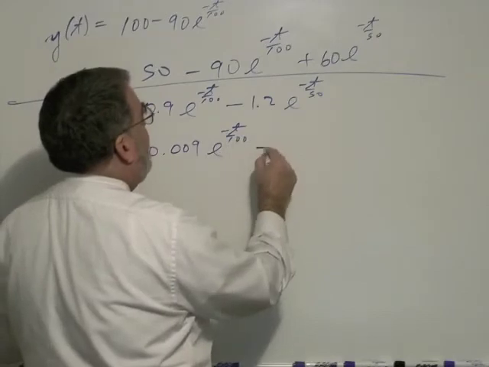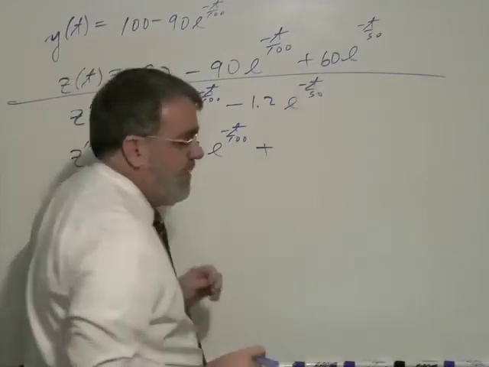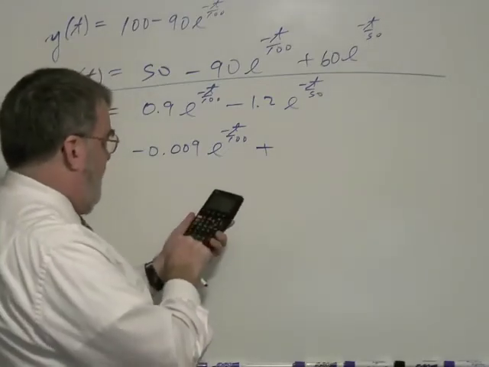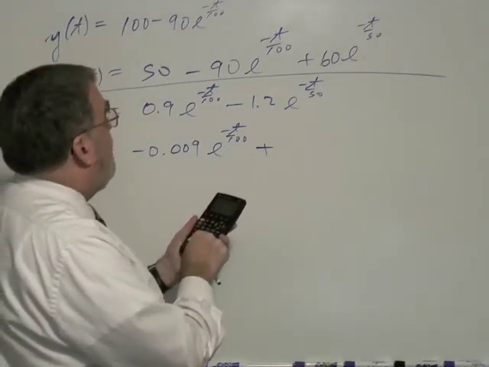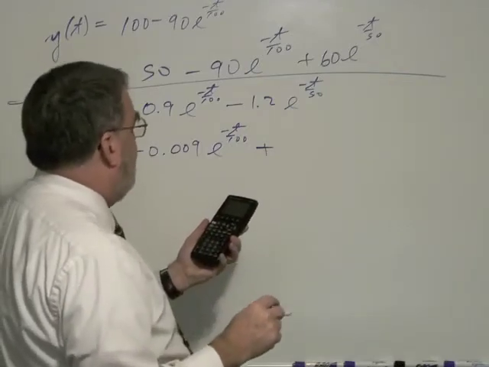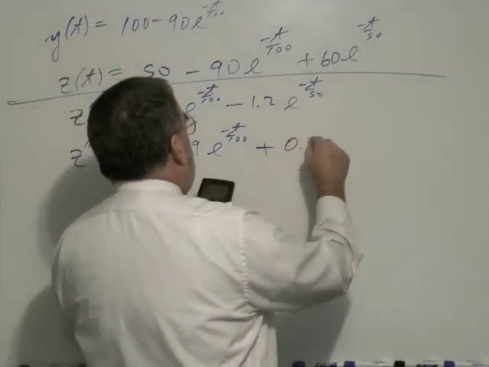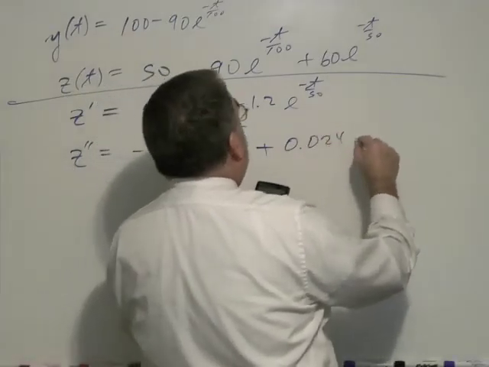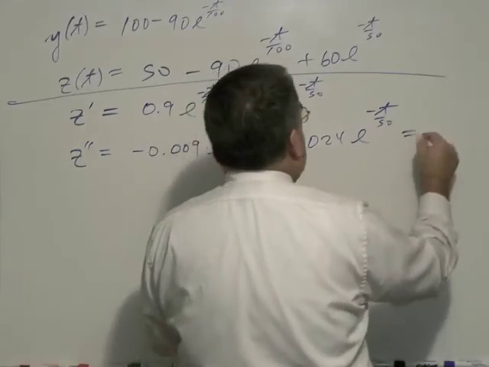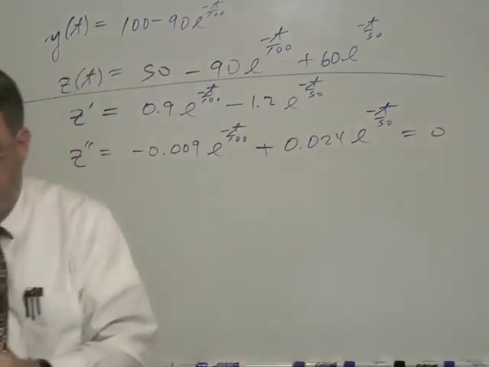And then this is going to be a positive. 1 over 50 is 0.02, and just to make sure I don't mess up my decimals here, 1.2 times 0.02 is going to be 0.024 e to the negative t over 50. And I want to set that equal to 0 to find the inflection point.